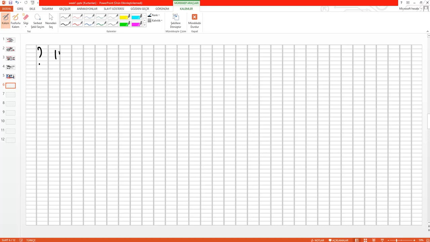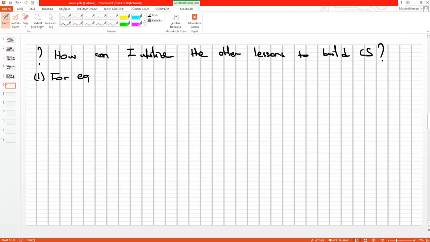How can I utilize the other lessons we have taken to build a control system? Firstly, for the equation of motion, we should utilize the system dynamics course.